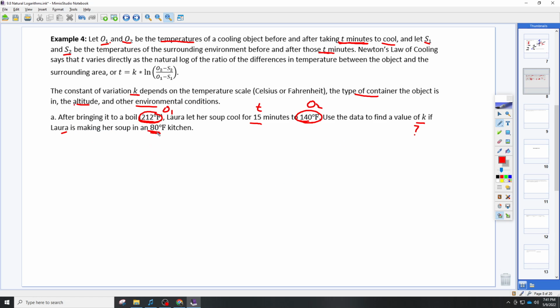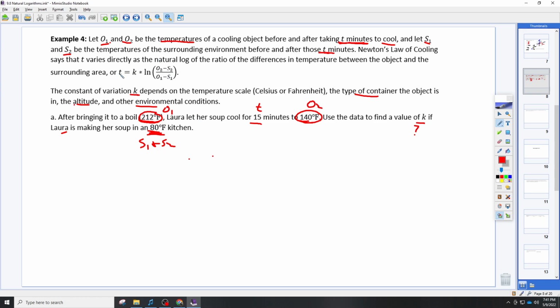She's making her soup in an 80 degree Fahrenheit kitchen, but we have two variables, S1 and S2. That's the temperatures of the surrounding environment before and after you let it cool. We'll say the surrounding environment doesn't change. We'll keep it an 80 degree Fahrenheit kitchen. So this is going to be both S1 and S2, because before and after, we assume the temperature in the kitchen has not changed.